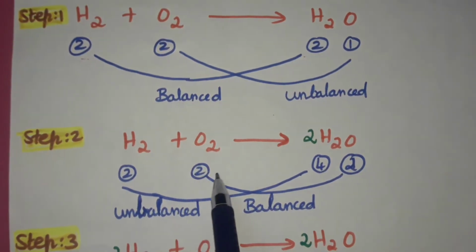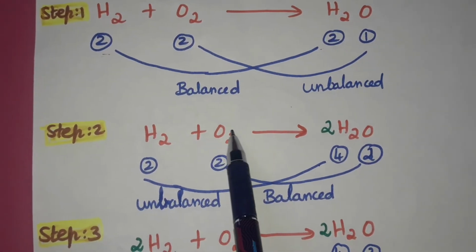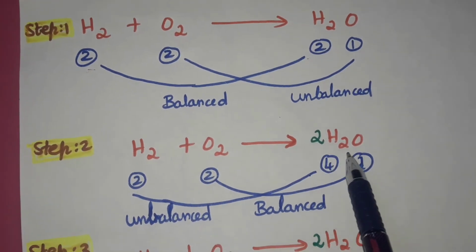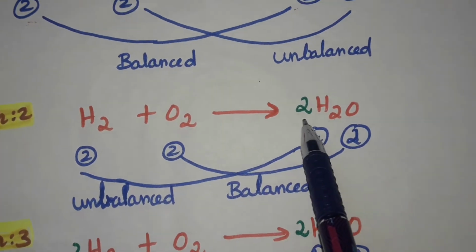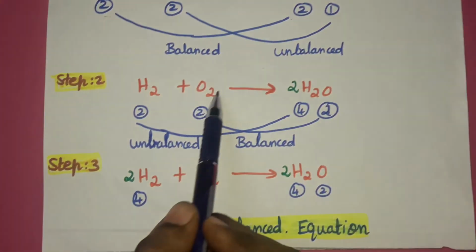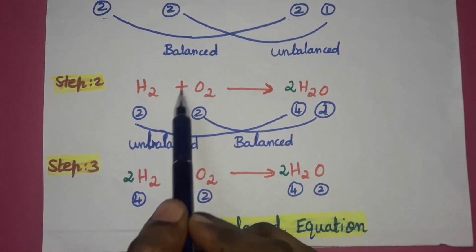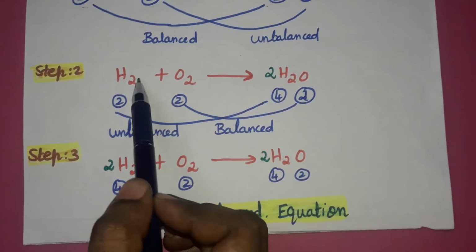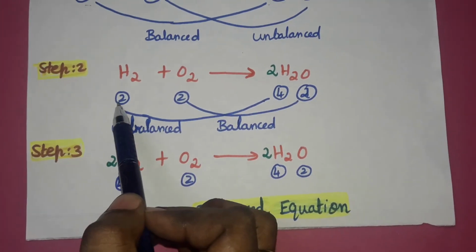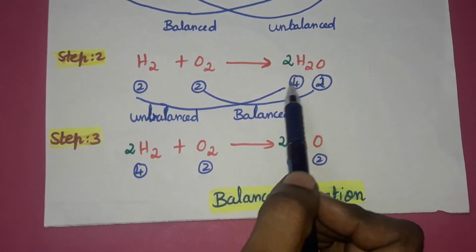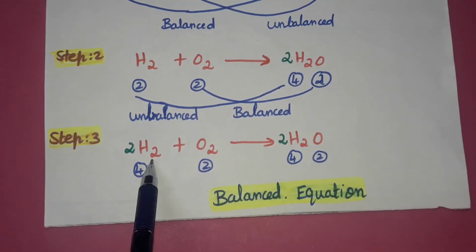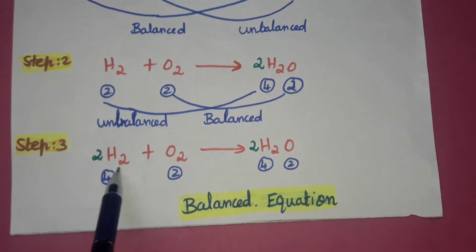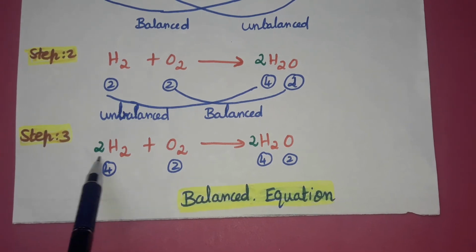In order to balance the number of atoms of oxygen, we are multiplying the right hand side by 2. Now, the number of atoms of oxygen on the left hand side and right hand side are balanced, but that of the hydrogen atoms on the left hand side and right hand side are unbalanced. So, again, we are multiplying hydrogen by 2.